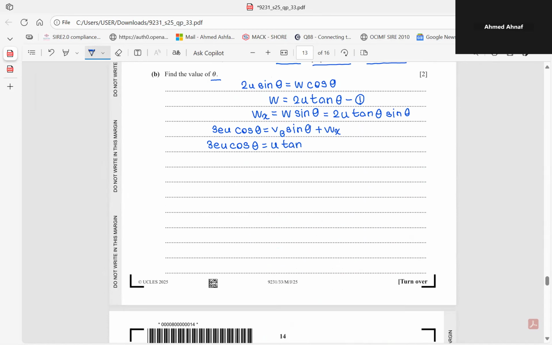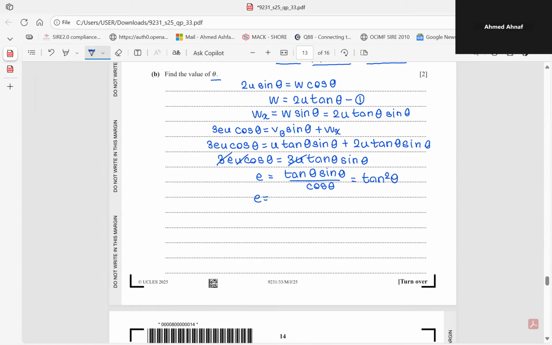So u tangent theta sine theta, and WX is just 2u tangent theta sine theta. So simplifying the right-hand side, you will get 3u tangent theta sine theta. So the 3u cancels out, and then e, you'll get tangent theta sine theta over cosine theta. So sine theta over cosine theta is tangent theta, so tangent theta times tangent theta, you get tangent squared theta.